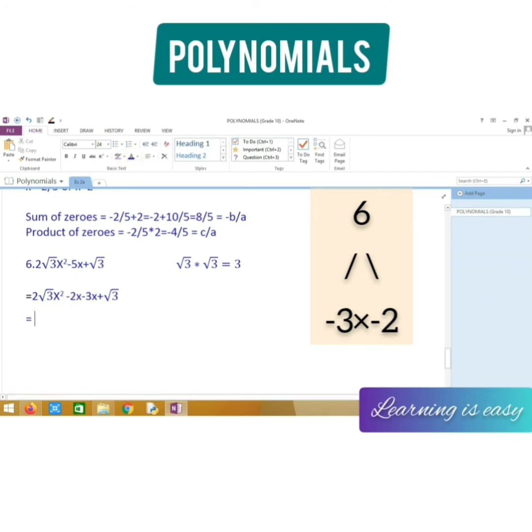So by taking square root of 3, 2x into square root of 3 minus 1. Square root of 3x is actually inside the bracket, so that it makes x square.